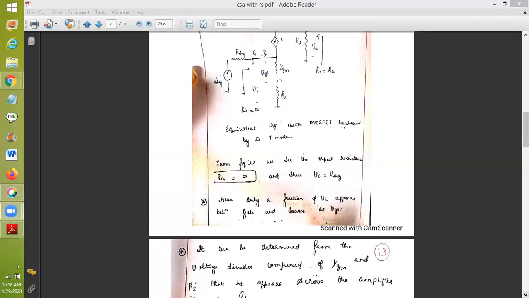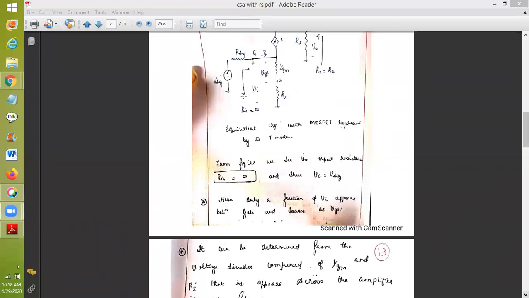So what are the two voltages you can see here? Vi and VGS. Vi is from gate to ground, and VGS is between the gate and source terminal here. Okay. So why is the input impedance very, very high? Because we have considered the input impedance as Rg. Rg is equal to infinity ideally, but practically it is a very high value.